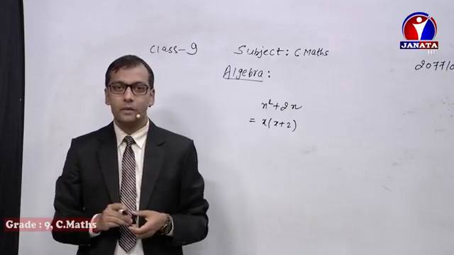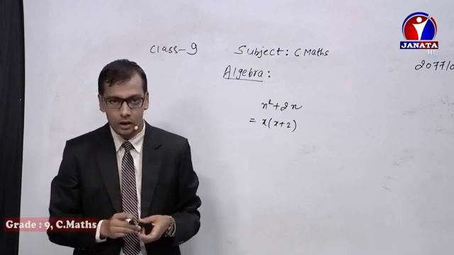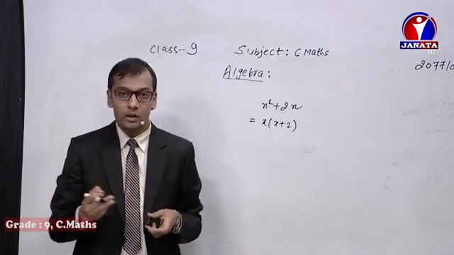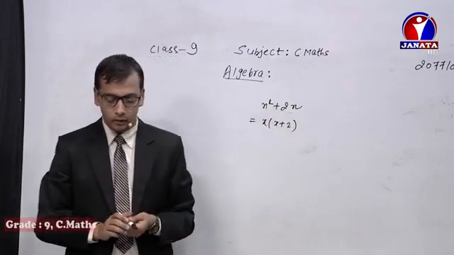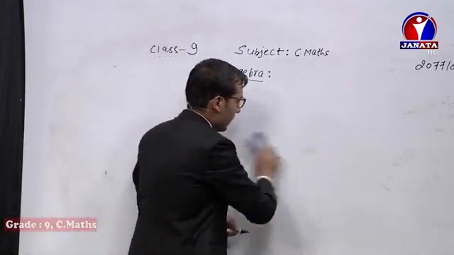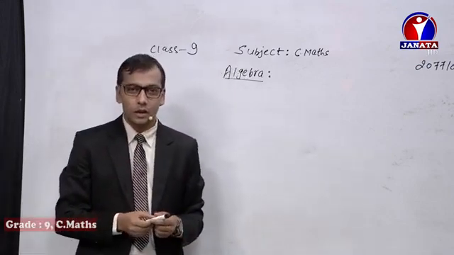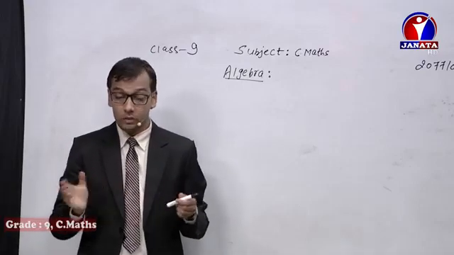Factorization is the process of splitting a polynomial into its smaller parts or smaller factors, which when multiplied together give the original polynomial. Now we can take some examples. I have divided algebraic expressions into different categories.